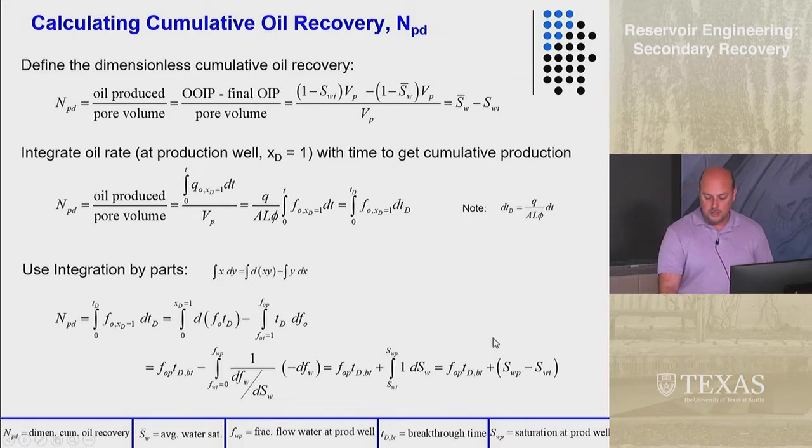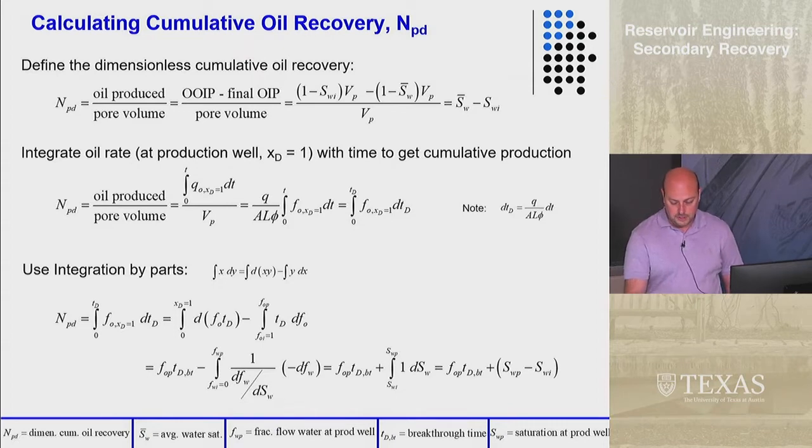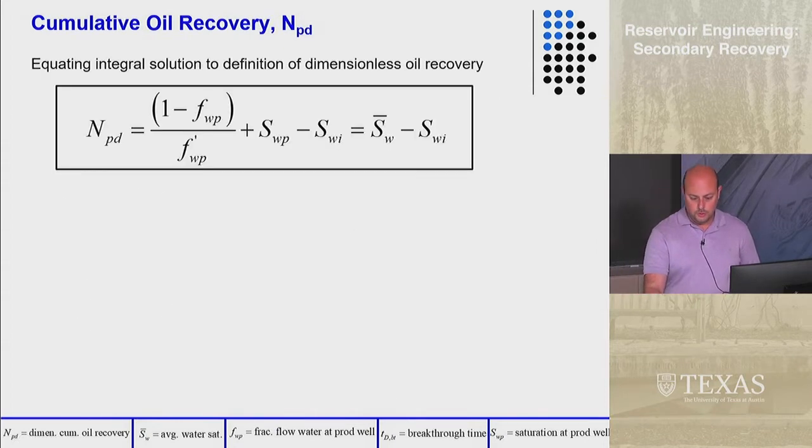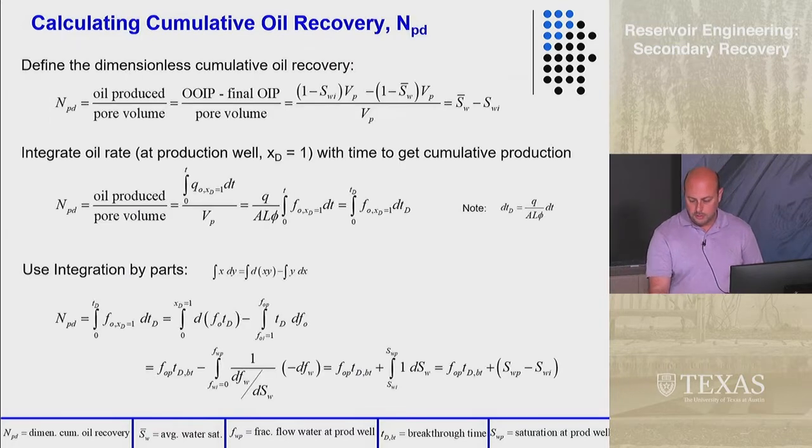So here is the solution for the oil recovery versus time. NPD, well, let me do one more thing. We need to remember that FOP, the fractional flow of oil at the production well, is 1 minus the fractional flow of water at the production well. Also, the dimensionless time is again 1 over the derivative of fractional flow of water.